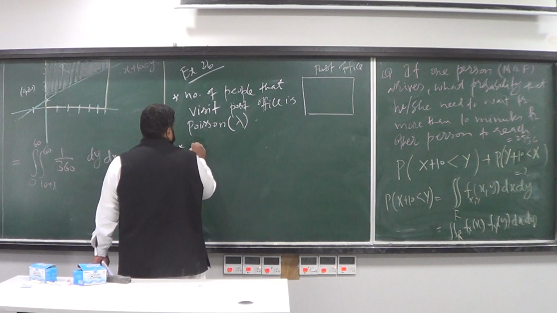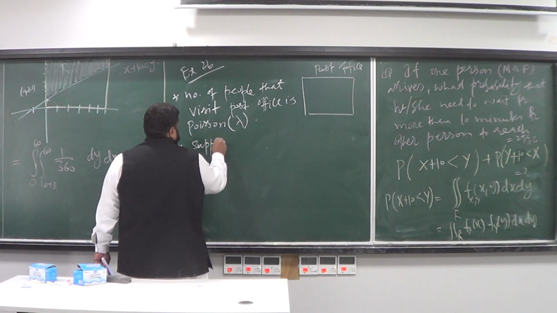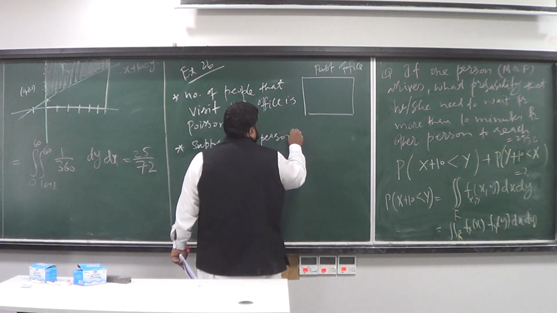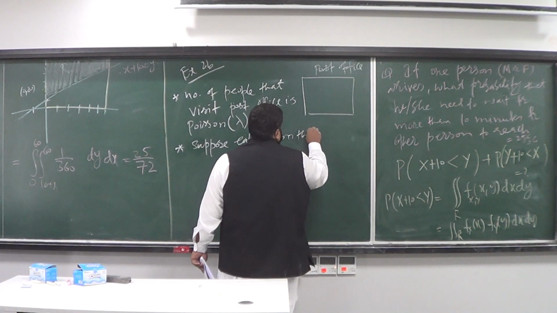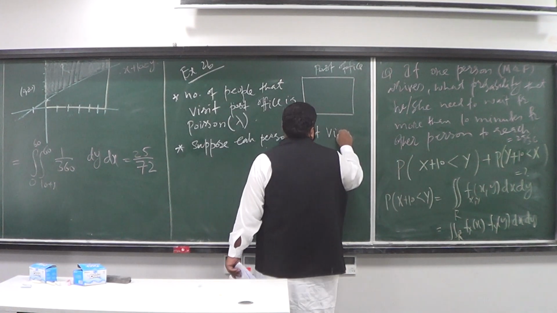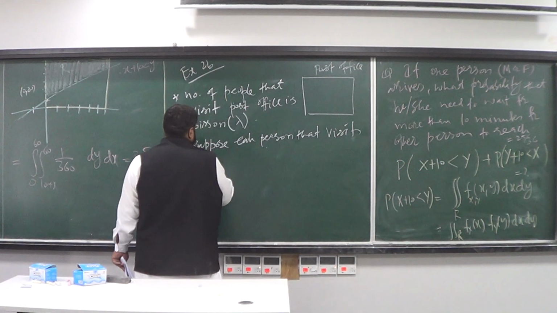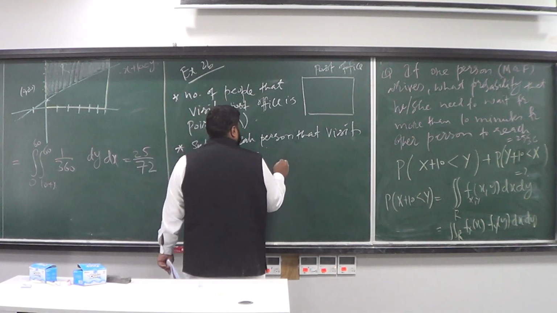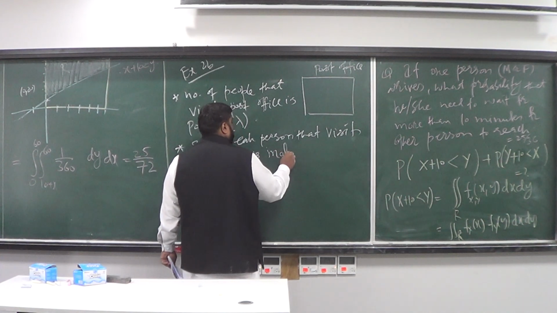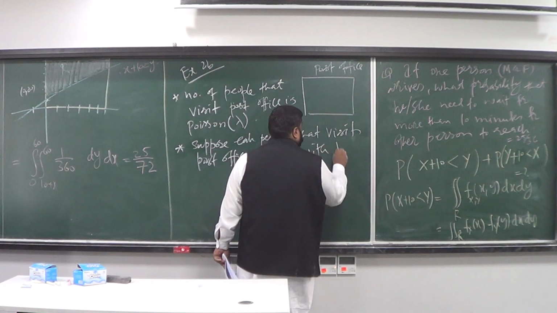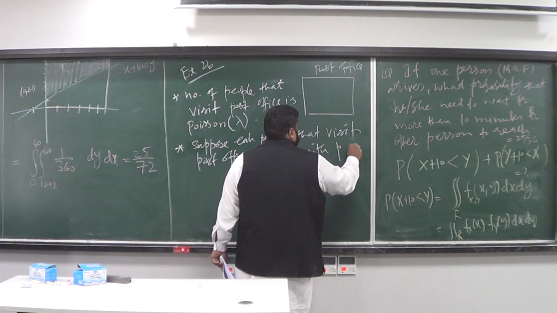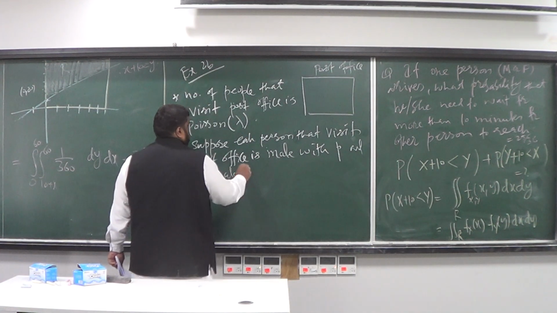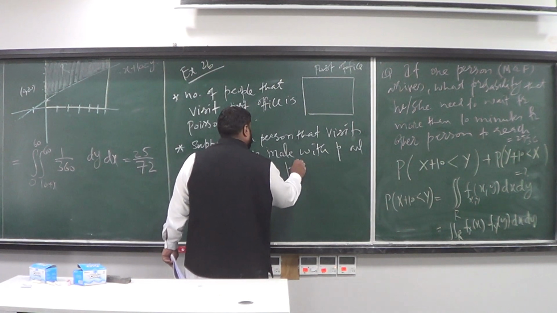So here's the question. Suppose that each person that visits the post office is a male with probability P, and female with probability 1 minus P.